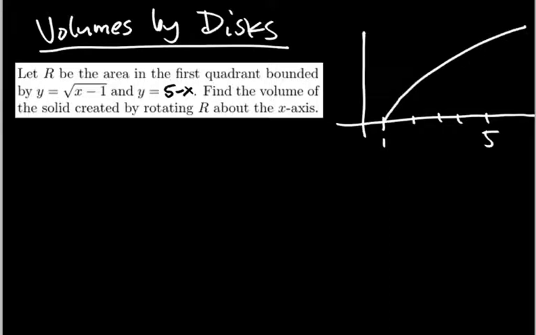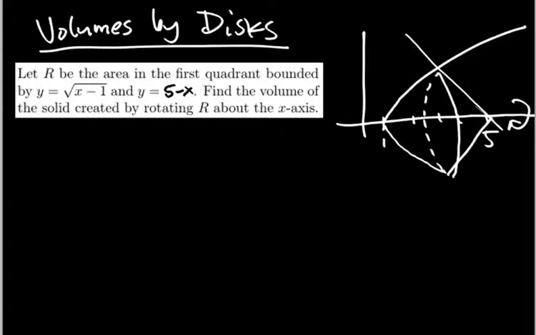And this is going to be a line with -1 slope. Intersects at 5 and 5, so there we get that. And we're going to rotate this around the x-axis. So we're going to get something that looks like this.